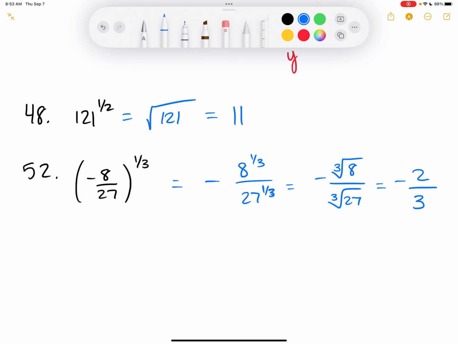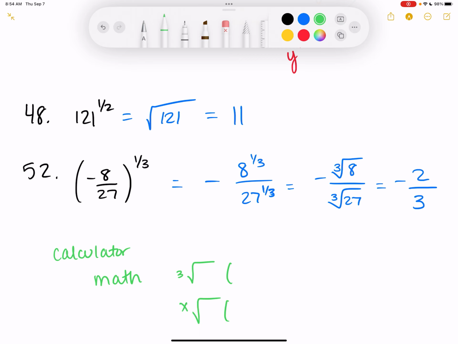Now, if you aren't aware, on your calculator, on the left-hand side, there's a button that says Math. If you hit the Math button and arrow down, there's an option that looks like this. That would do a cube root for you. Under there, there's also one that looks similar, but looks like this.